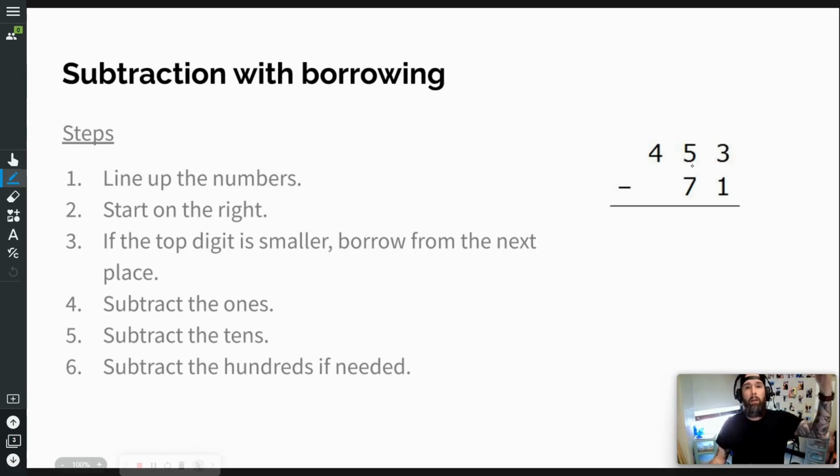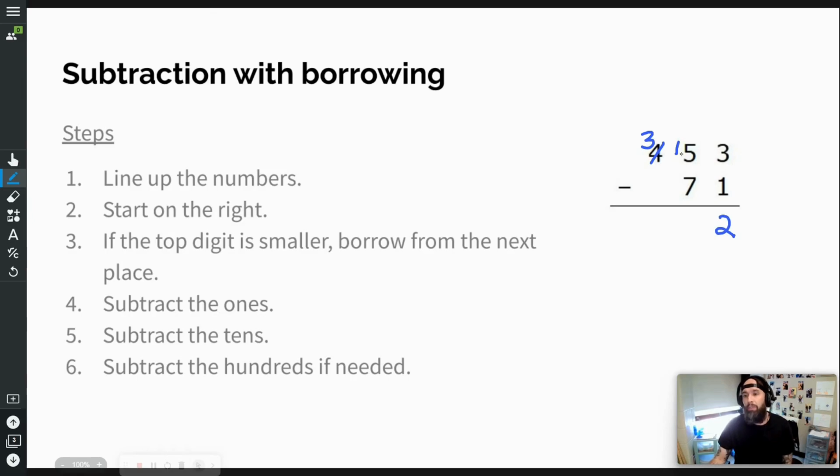Now, if you have a bigger number minus a smaller number, you're in great shape. Just do it. 3 minus 1 is 2. Just like that. Now you move to the next number over. And if you notice that the top digit is smaller, you have to borrow from the next digit from the left. So what you're going to do is we're going to borrow 1 from 4 and turn 4 into the next number below 3.